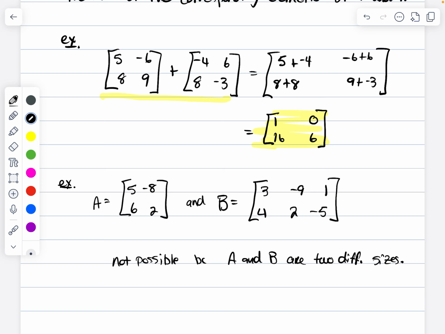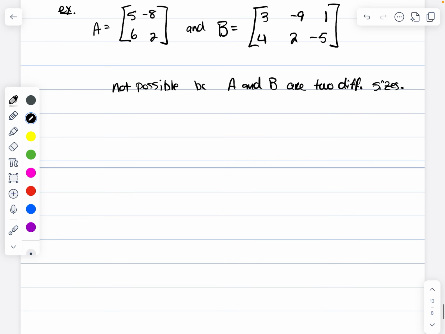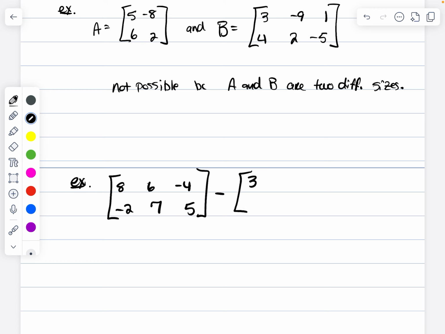Now, when we subtract matrices, we're going to follow the same rule. They have to be the same size. I'm not going to write all that out, I just told you. So here, if we have 8, 6, -4, and then -2, 7, 5, minus 3, 5, -8, -4, 2, and 9.